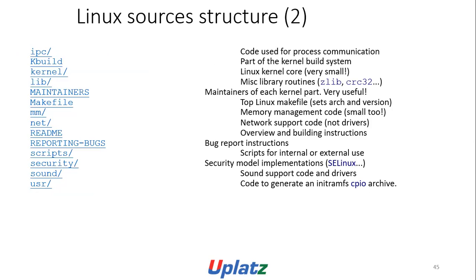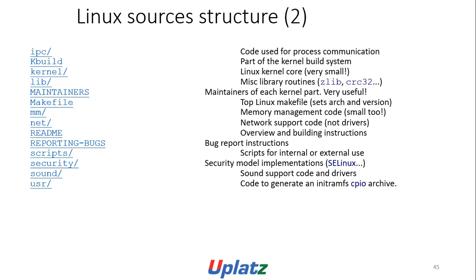IPC: code used for process communication. K-build: a part of the kernel build system. Kernel: Linux kernel core, very small. Lib: miscellaneous library, zlib, CRC32, maintenance of each kernel part, very useful. Makefile: top Linux makefile, sets architecture conversion.